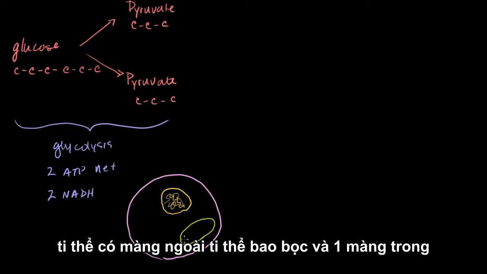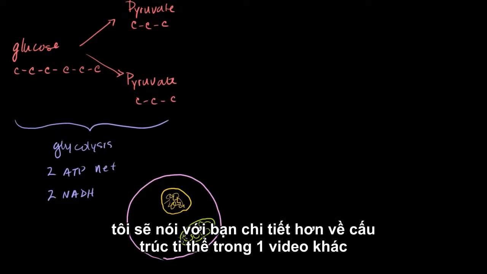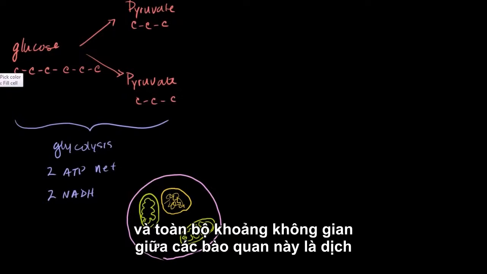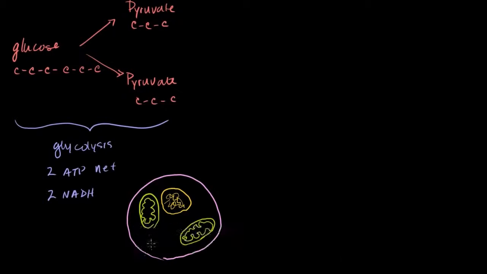So there's a mitochondria. It has an outer membrane and an inner membrane, just like that. I'll do more detail on the structure of a mitochondria maybe later in this video, or maybe I'll do a whole video on them. That's another mitochondria right there. And then all of this fluidic space out here is between the organelles.